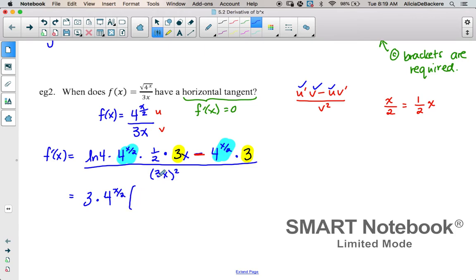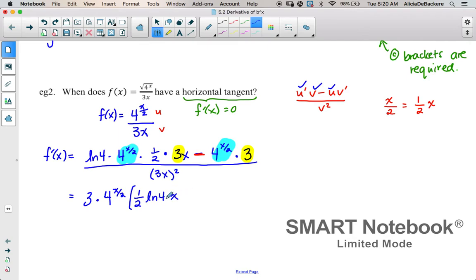And then we'll open up a set of brackets and figure out what's left over here. So I've got the 1/2 times ln 4. These are both numeric coefficients, and you could put them together in one fraction as ln 4 over 2. That would work as well. And then there's the x.